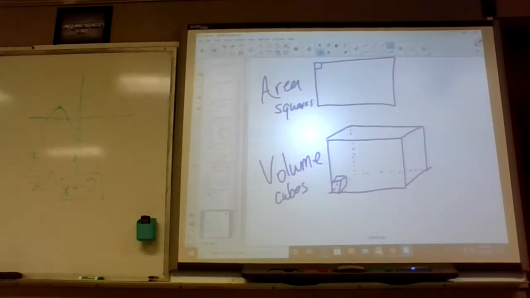You could say, how many cubes fit on the floor? You remember how big these tiles were? 1 foot by 1 foot, a square foot. So imagine a cubic foot sitting on top of each of these squares. That would give you how much was on the ground.